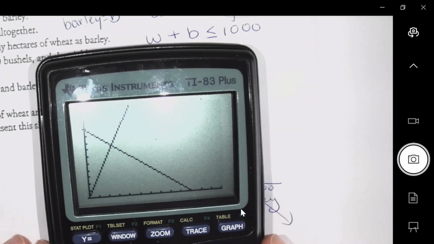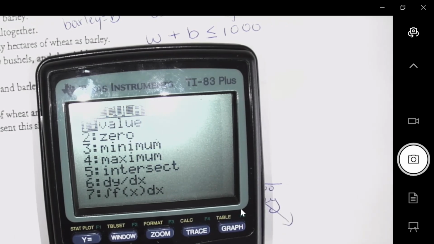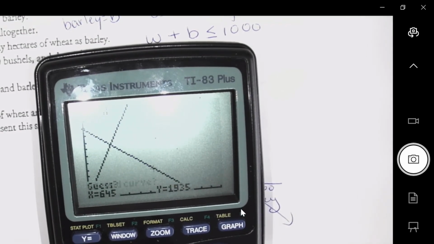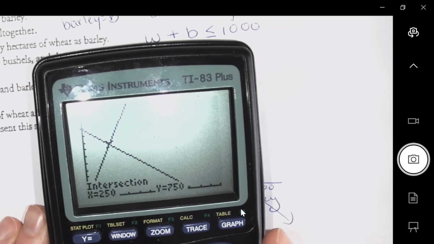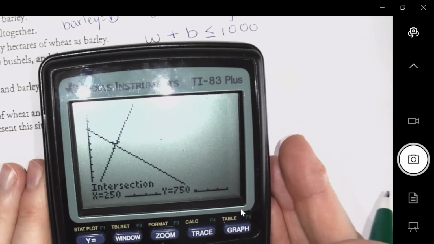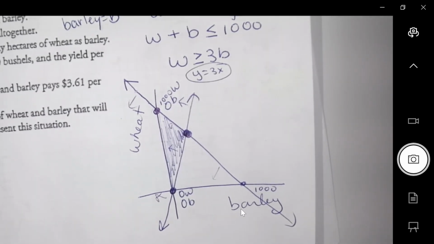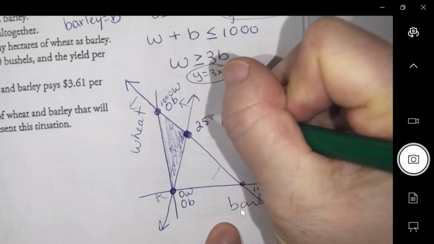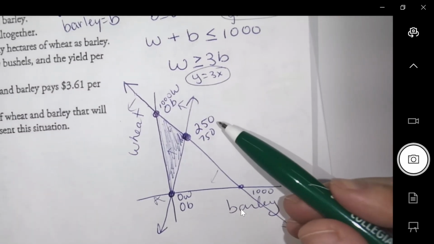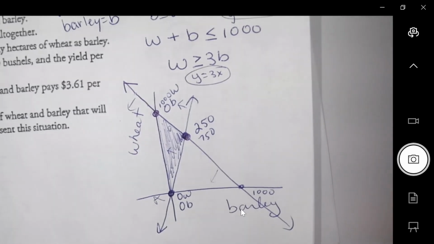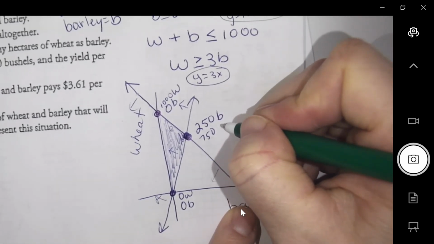Because that one is on there. I got 250, comma 750. Is that what you're getting? 250 is x. So 250 in this one is what? Barley or wheat? 250 barley, 750 wheat.